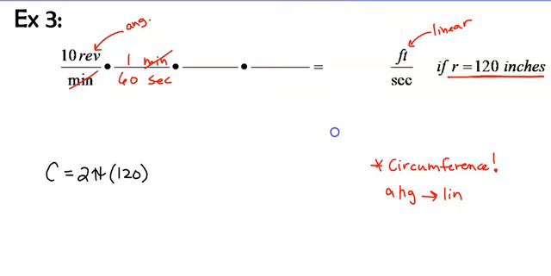Okay? And I would not even mess with rounding pi or anything like that. I would do 2 times 120 is 240. So 240 pi. And we are in inches. Be careful here. We are in inches. So the circumference of this thing is 240 pi inches.